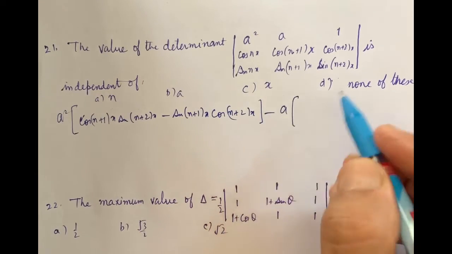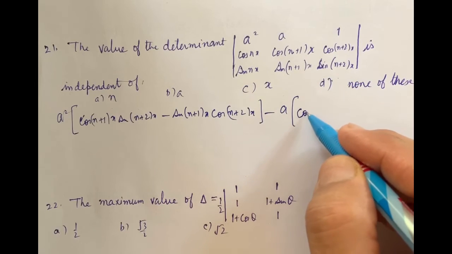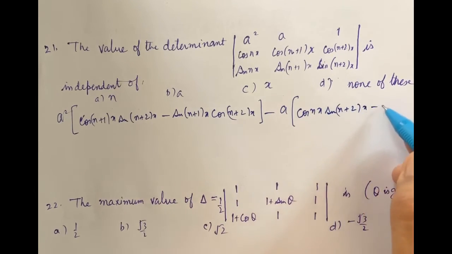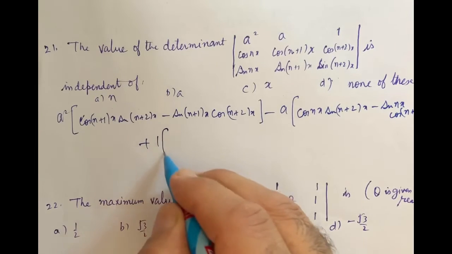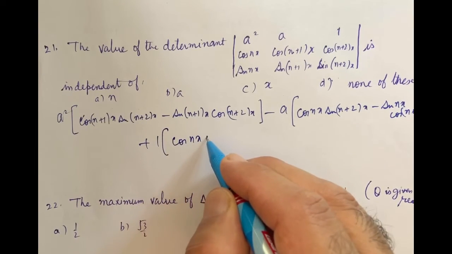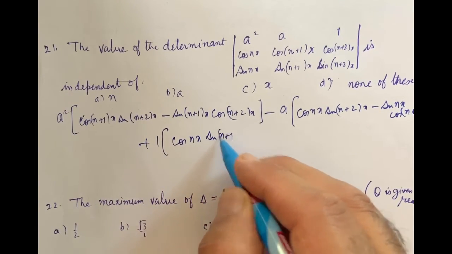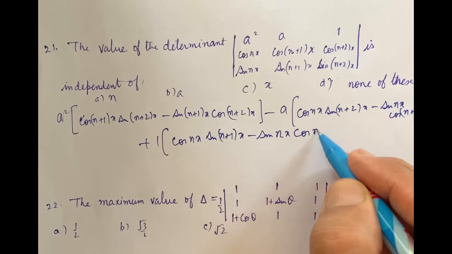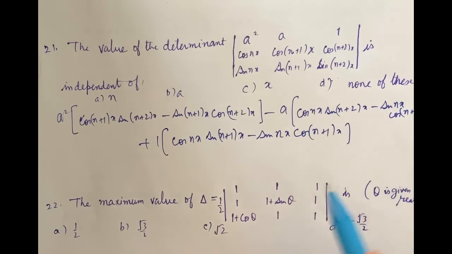Then minus a, it's this product, cos of nx sin of (n+2)x minus sin of nx into cos of (n+2)x, and plus 1 is cos of nx into sin of (n+1)x minus sin of nx into cos of (n+1)x.